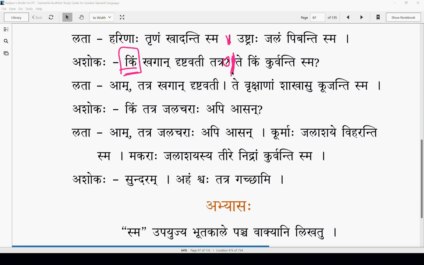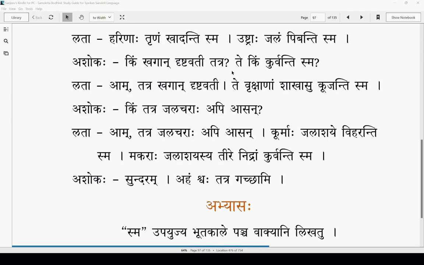If it comes in that tone, it doesn't convey the question, so you'll have to change the tone here. Kim Khagan drishtavati tatra. Te kim kurvanti sma.